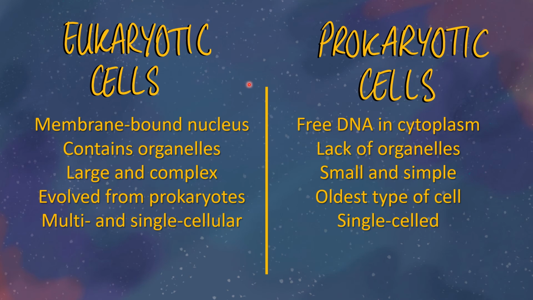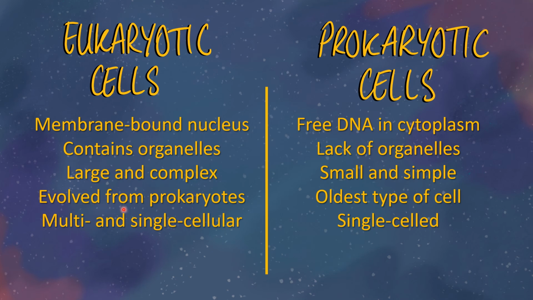So the differences between them: eukaryotes have a nucleus, prokaryotes have DNA in the cytoplasm, not in the nucleus. Eukaryotic cells contain organelles. Prokaryotic cells have ribosomes, which are organelles, but they don't have all the other organelles that eukaryotic cells have. So there's a lack of organelles in prokaryotic cells. Eukaryotic cells are very large and complex. Prokaryotic are small and simple.